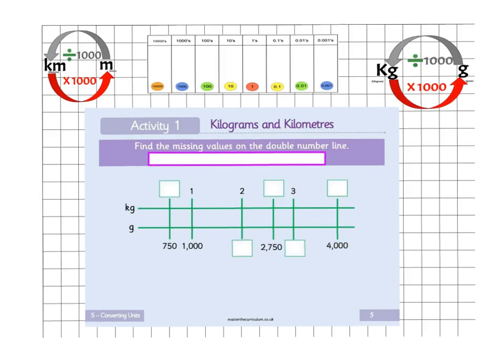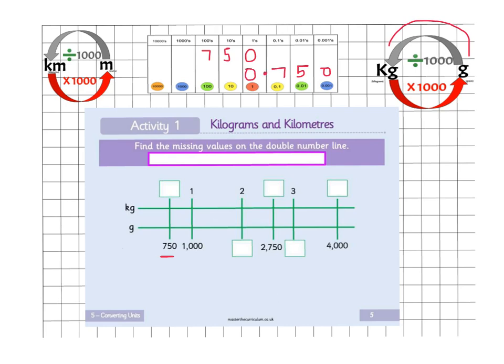Okay, so this activity carries on, looking at kilograms and grams. This time you have 750 grams. Use the conversion, it's on Seesaw, to change grams into kilograms. We divide by 1,000. So 750 divided by 1,000, each digit moves 3 places to the right. 1, 2, 3, 1, 2, 3, 1, 2, 3. Okay, and we put in our decimal point.